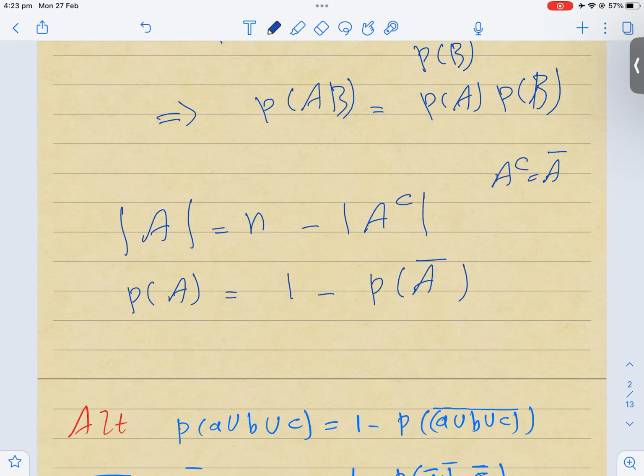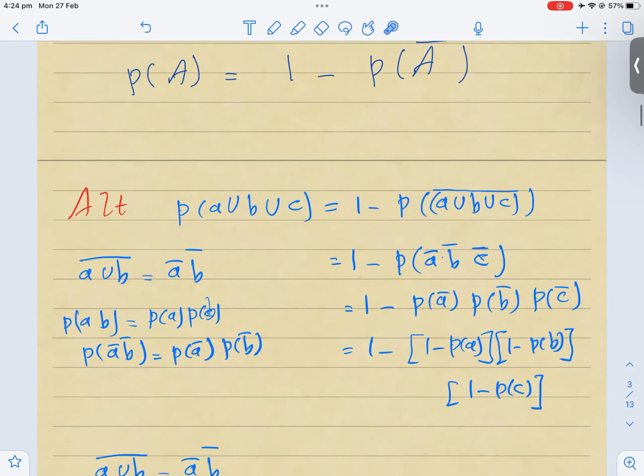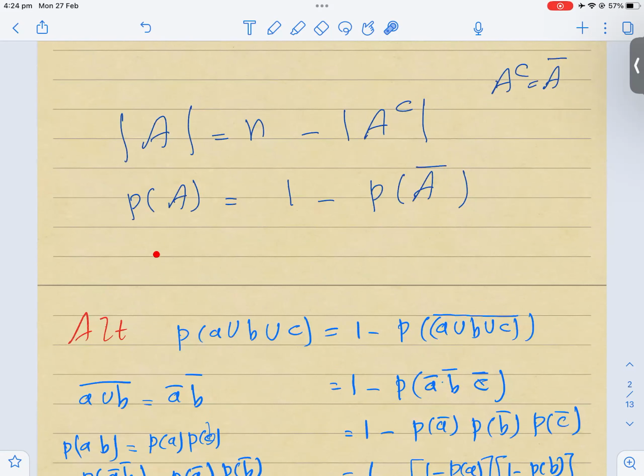Assume we want to obtain A union with B union with C. This is equal to 1 minus probability of A union B union C, everything complemented. Now I can use this law.